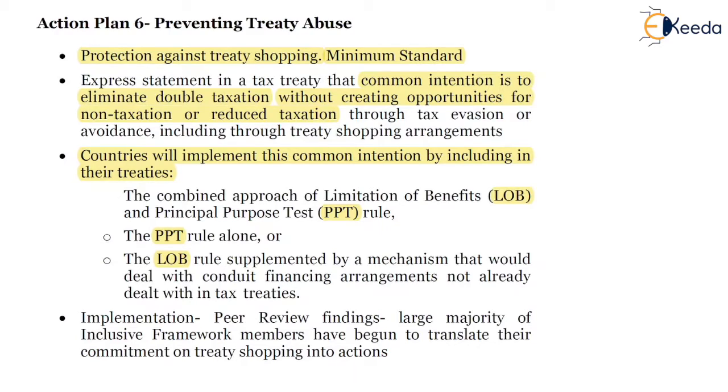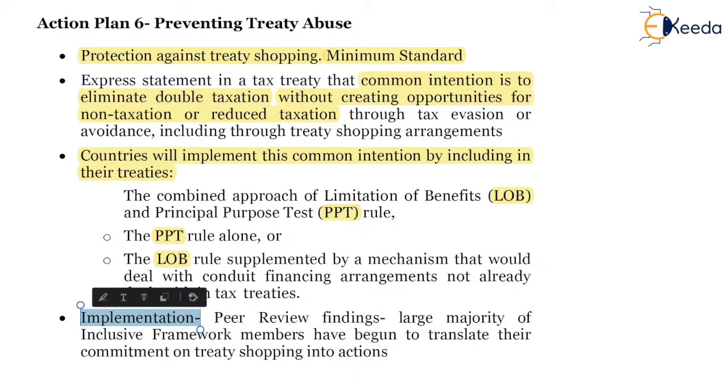Also, as per peer review report and as stated by OECD as well, the multilateral instrument MLI will prove to be very handy in implementing Action Plan number 6, Preventing Treaty Abuse, as well as other minimum standards in the existing treaties in place.